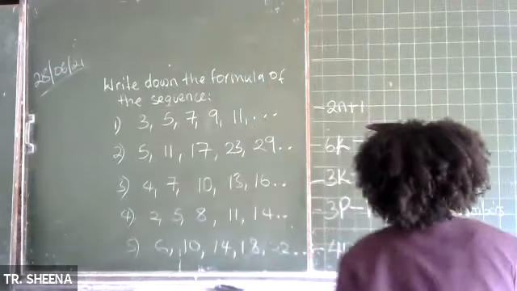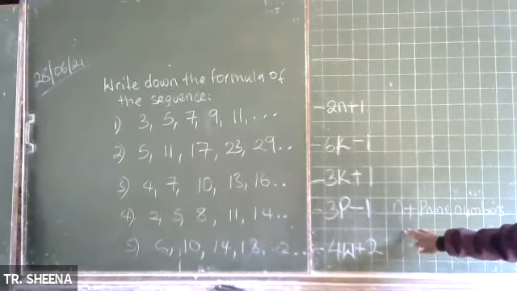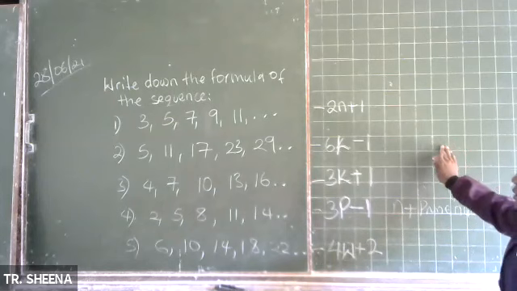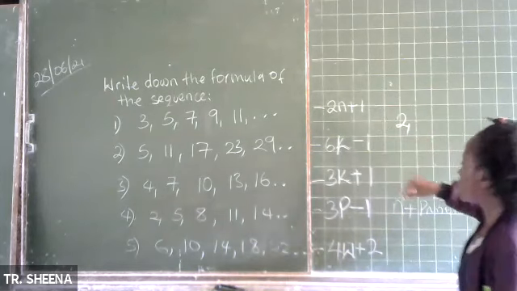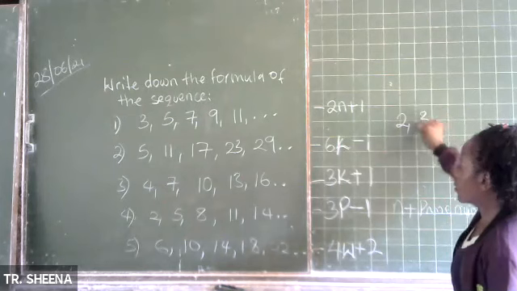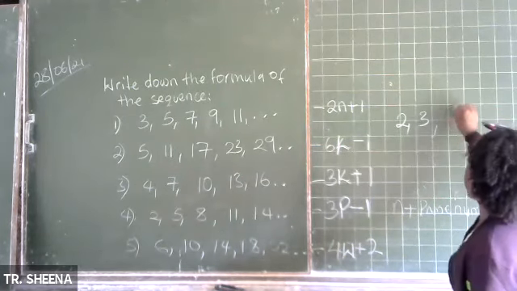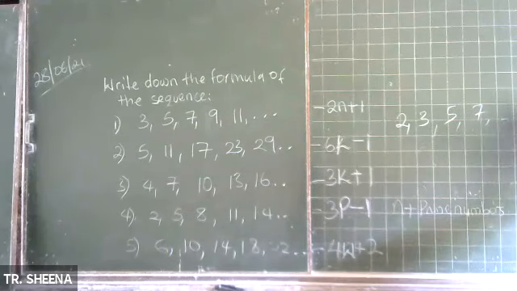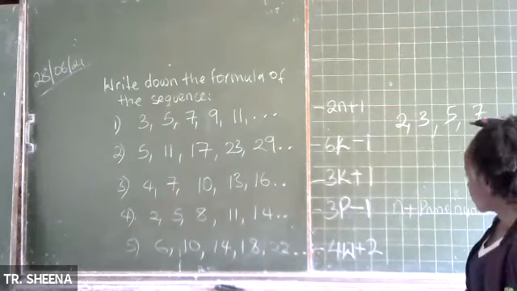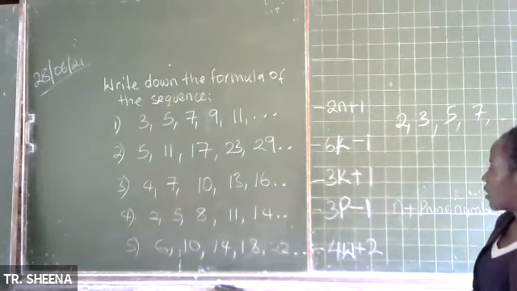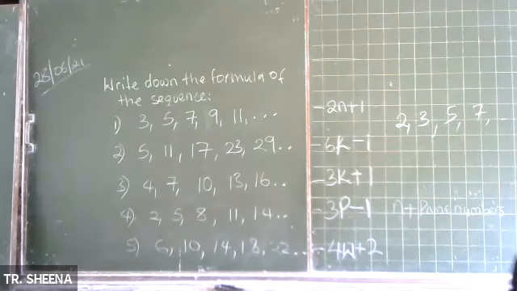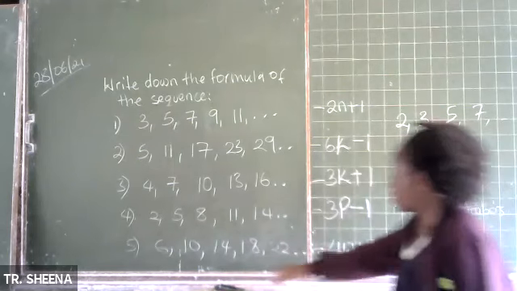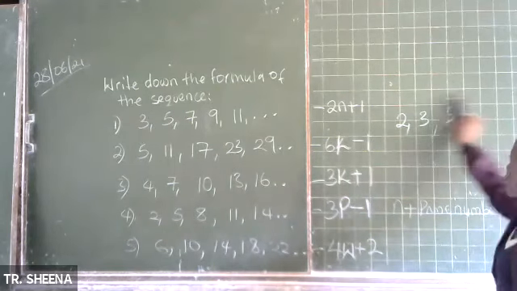Let's first list prime numbers: 2, 3, 5, 7, 11, 13. And it doesn't even apply for the first one, because if your n is 1, it gives you 4.